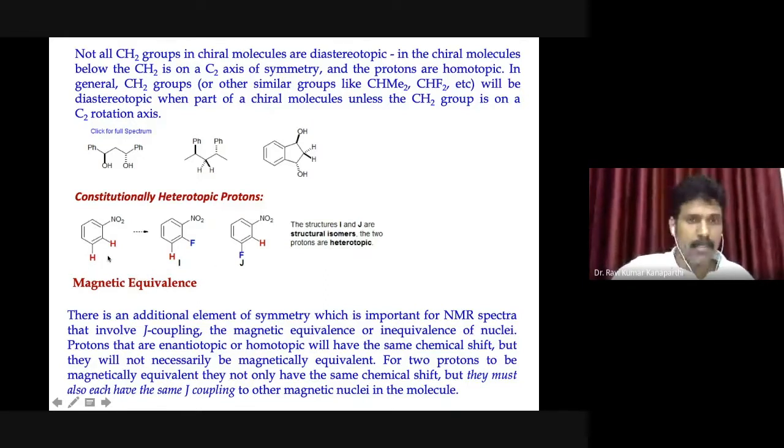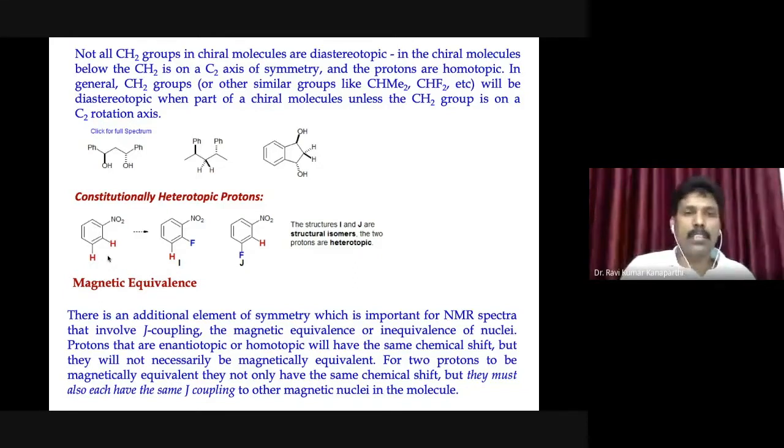Therefore, we call these two protons heterotopic protons. Okay, so the point I wanted to convey is that heterotopic protons, diastereotopic protons, homotopic protons, and enantiotopic protons are all based on the symmetry element. When we make the substitution test, we can classify a set of protons. Two different protons can be classified into any of these four.